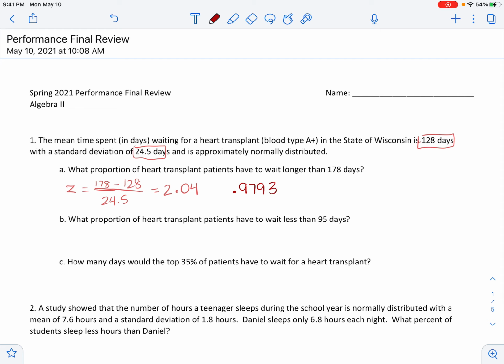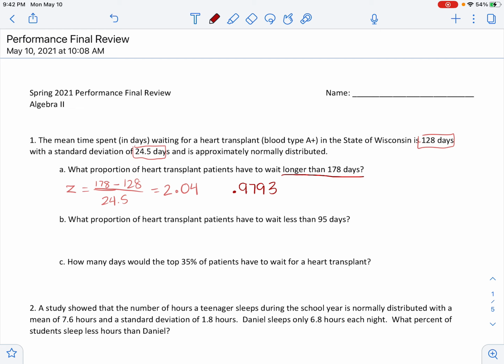So right now we have 0.9793. But I always say step 3 is to check your problem. Does this problem want to know the probability you have to wait less than or greater than the value we are looking at? And if you notice, this one says we want to wait longer than 178 days. The z-table will only ever tell us the probability less than.